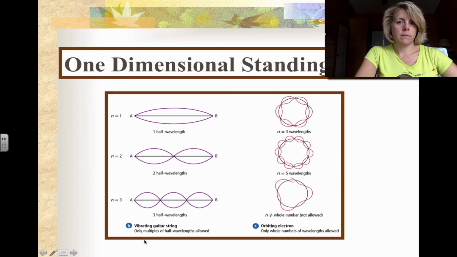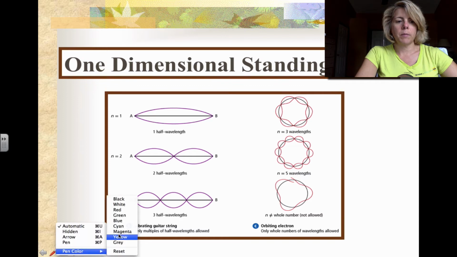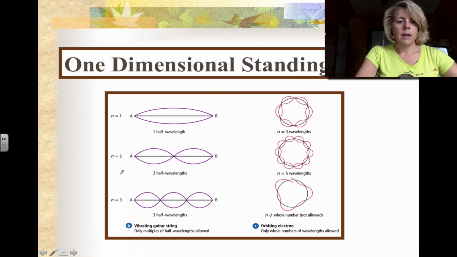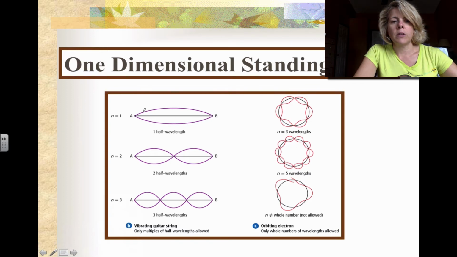Okay, so here are some examples of standing waves, and these pretty much come into play with sound. So when you have a vibration with a string, you could have essentially half of a wavelength. So this is for n equals 1. Notice that when we change the energy level, we're increasing the amount of energy here.